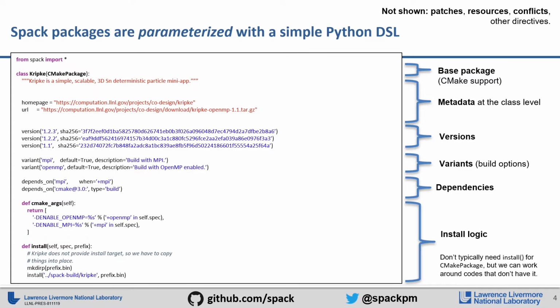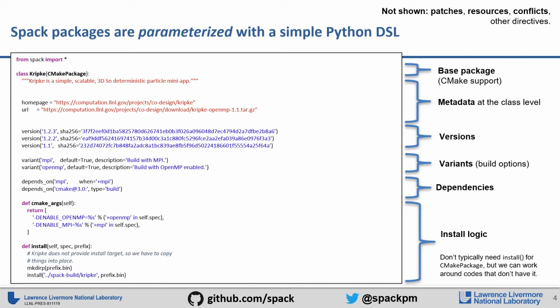Spack packages are very easy to build on different systems, because they are parameterized with a simple Python DSL. This is showing the Kripke package, and Kripke is a deterministic Sn transport mini app. It tells you where to download Kripke, where to find more information about it, and then these here are versions that you could download of the package. These are variants, so these are different build options.